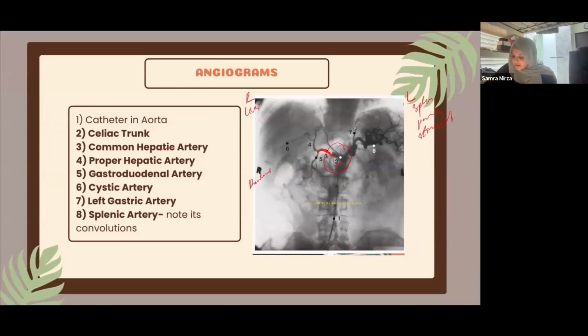Now we said up is liver and down is duodenum. So the branch that's going up is going to be the hepatic artery proper, and proper because it's going to divide more. And this one is our gastroduodenal over here. And the gastroduodenal artery, can anyone remind me where the gastroduodenal artery comes from?